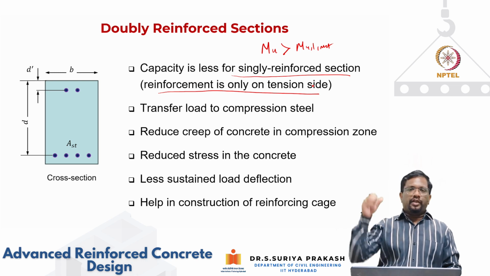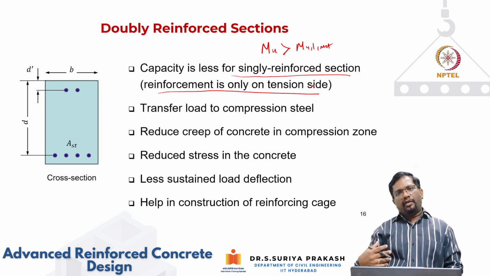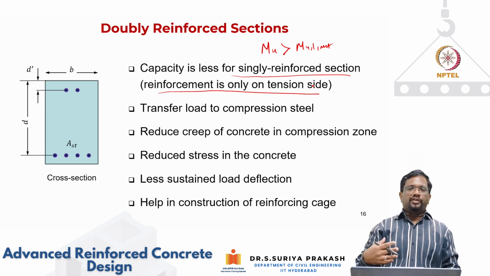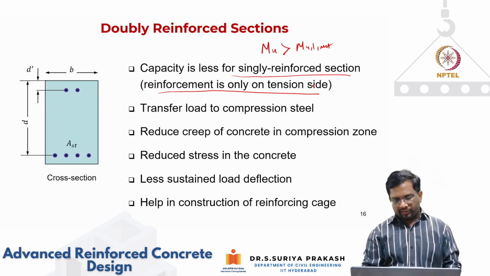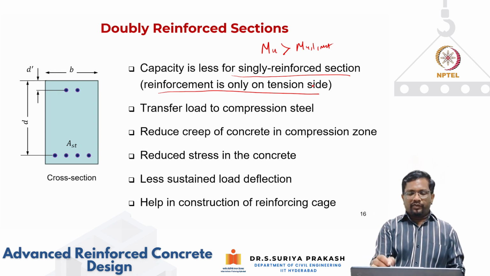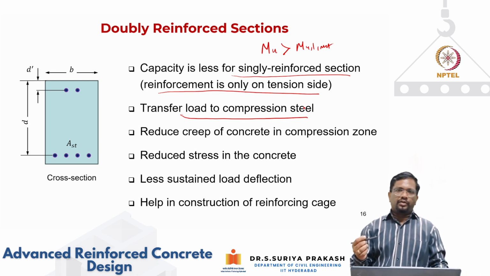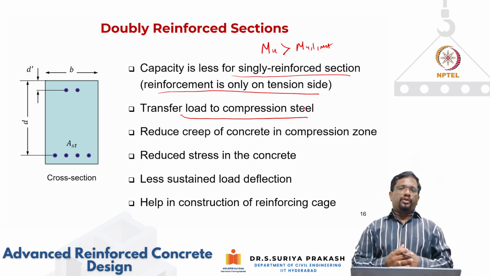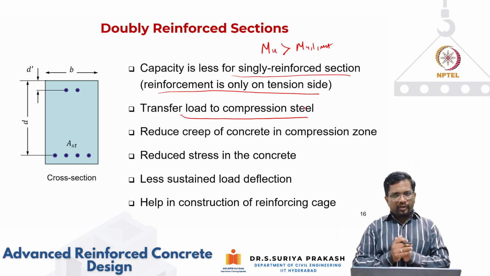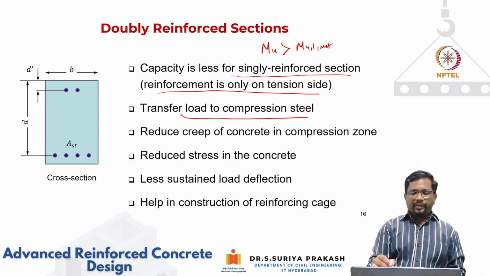That means I need to put some steel on the compression side, and then I can put more steel on the tension side, that will give me more moment resistance. Sometimes when we do the analysis, we need to reduce the stress in the concrete and transfer the load to compression steel. This is particularly effective whenever your members are undergoing creep.